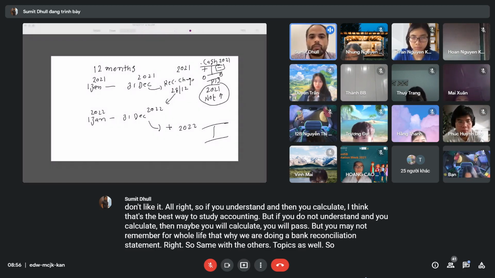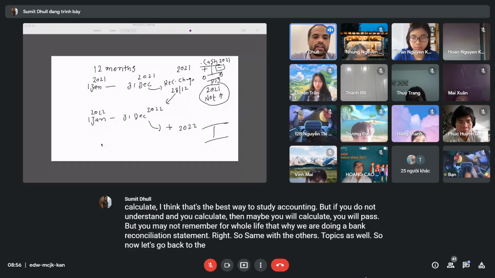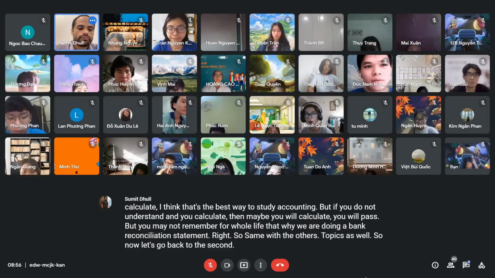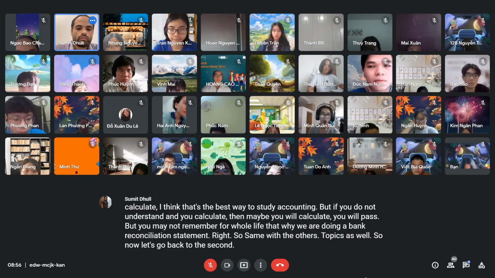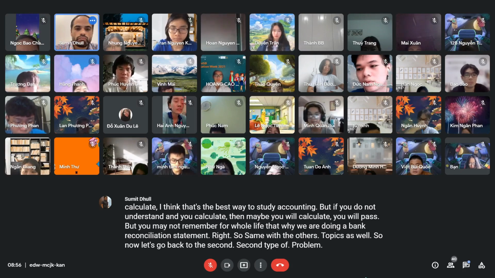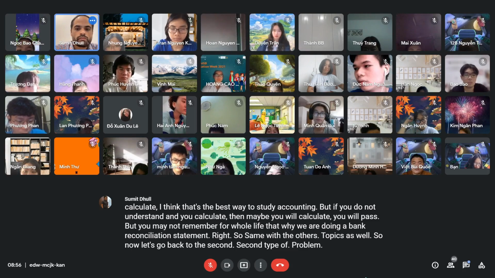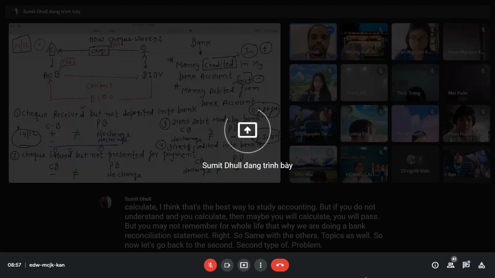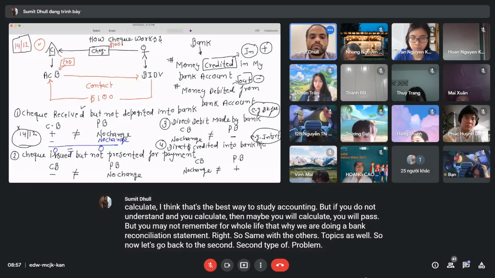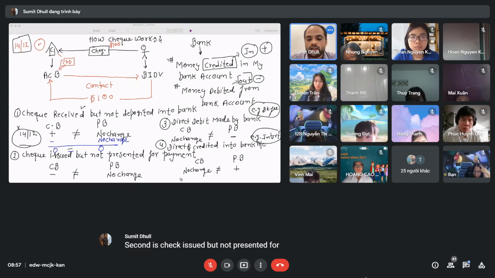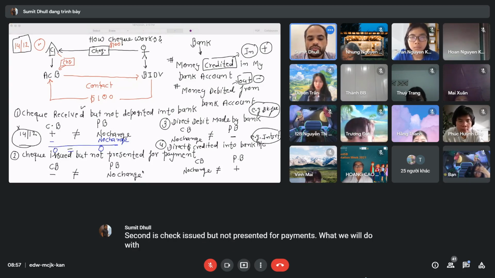So now let's go back to the second type of problem. Second is check issued but not presented for payment. What will we do with number 2?